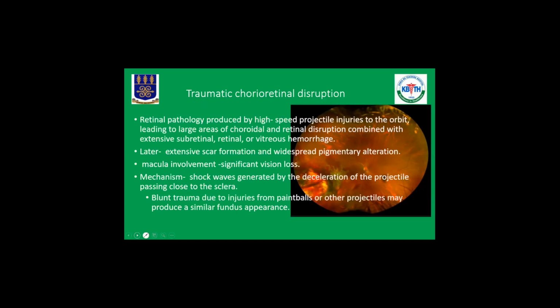So you have shock wave generated by deceleration of a projectile that is passing close to the sclera, and that can lead to disruption of large areas of the choroid and retina, and there's retraction of the choroid and retina, giving rise to this bare sclera, and then you may have surrounding hemorrhages.